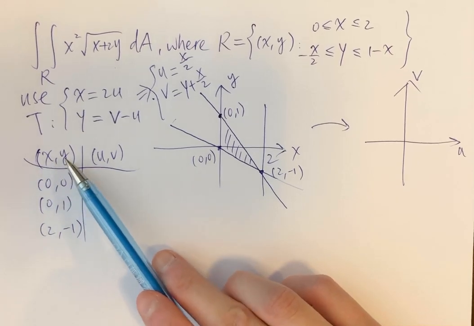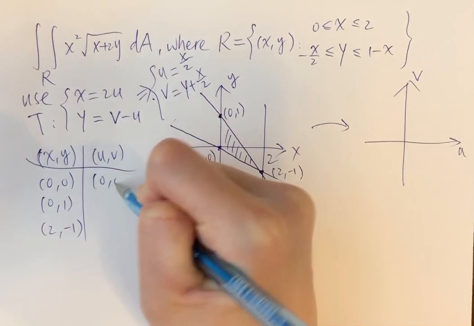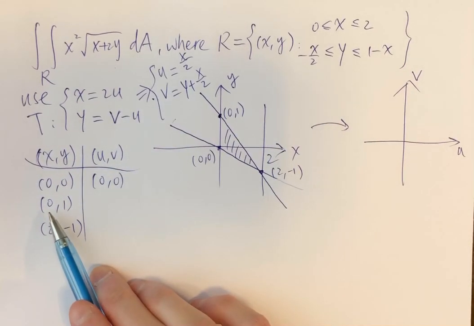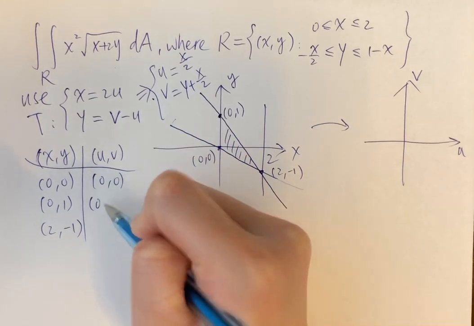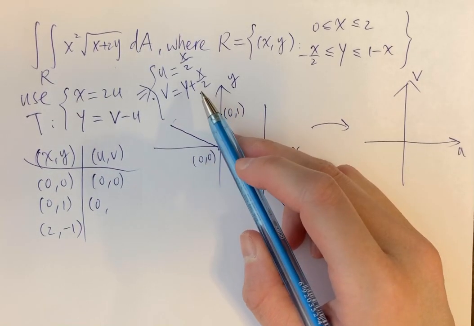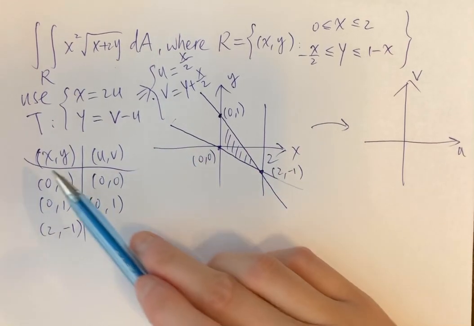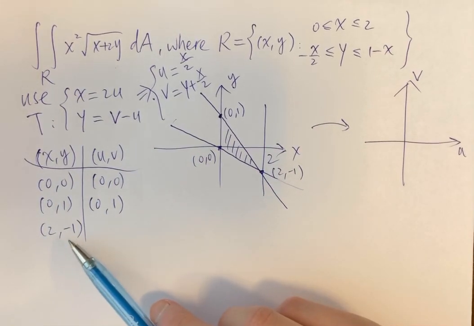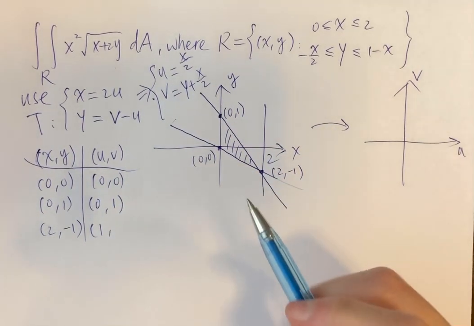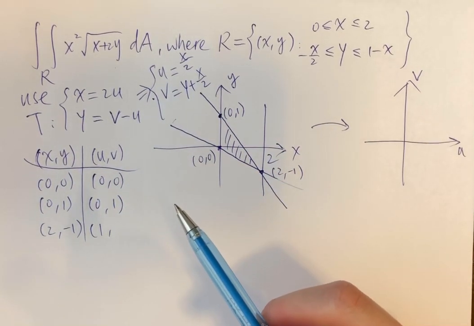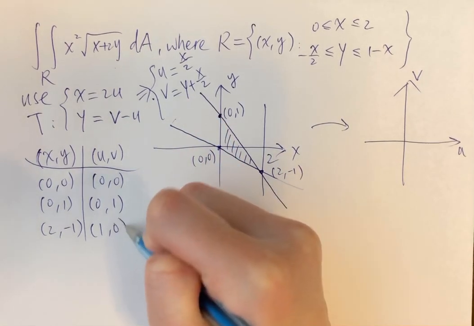So if x, y are 0, 0, then u and v will also be 0, 0. If x, y are 0, 1, u, v will be 0, 1. And then x, y is 2, minus 1: u is 1, and v is negative 1 plus 1, which is 0.